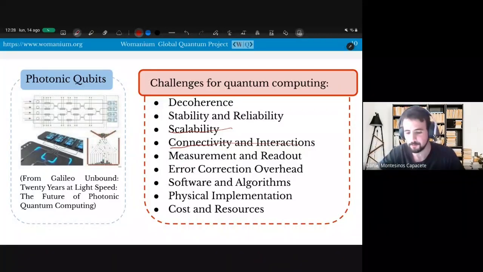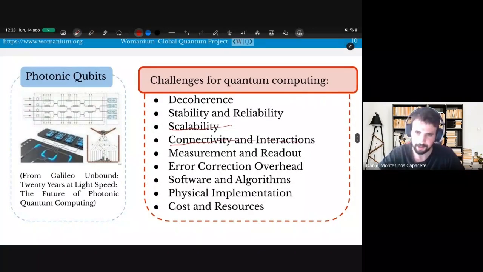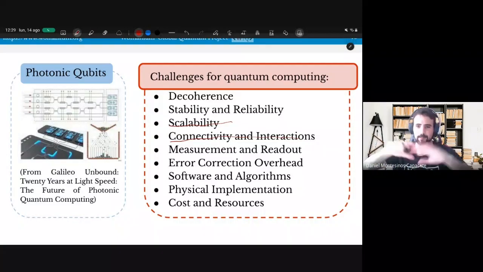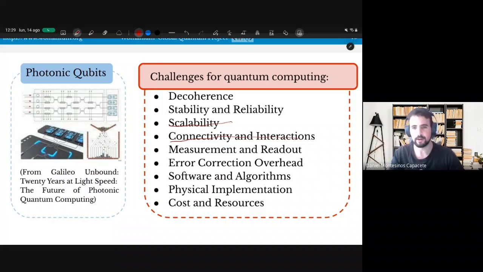For some systems, for example superconducting qubits in the IBM quantum computers, the connectivity is not one to everyone. There is a kind of mapping where you can see that this qubit is connected to this other qubit and to this other qubit. So in order to do proper computation, you should try to do operations using qubits that are near, that are connected.